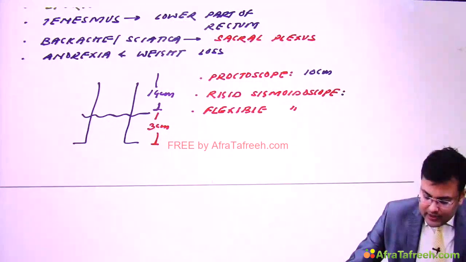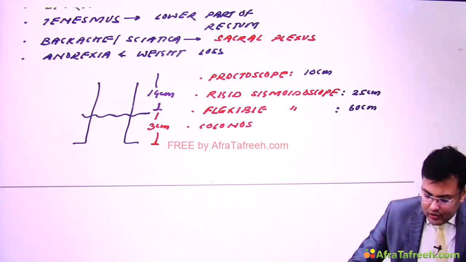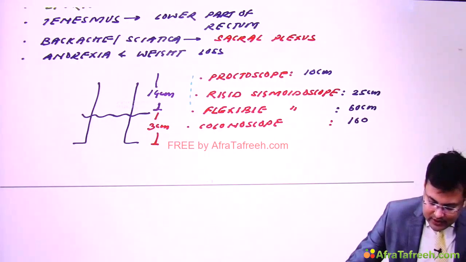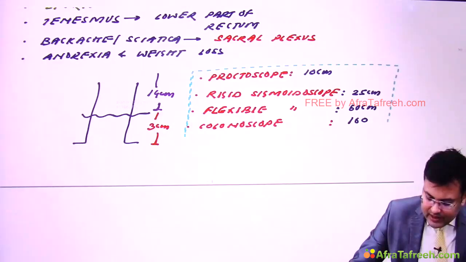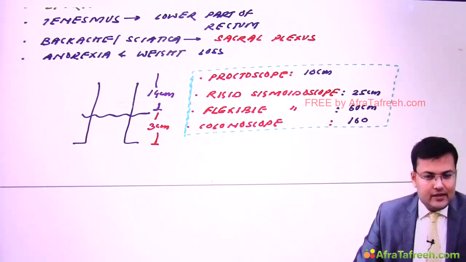Rigid sigmoidoscope, that is 25 centimeter, flexible is 60. And what's the length of colonoscope? Colonoscope, it is 160 centimeter. These 4 questions are frequently asked in exam. Clear?